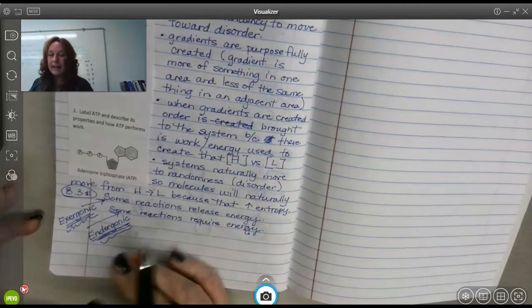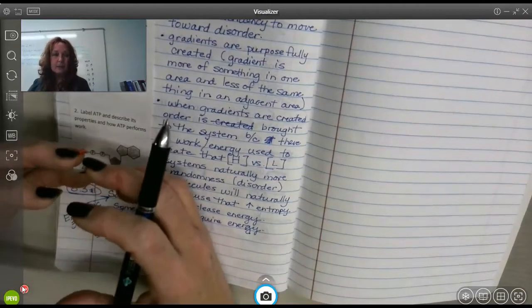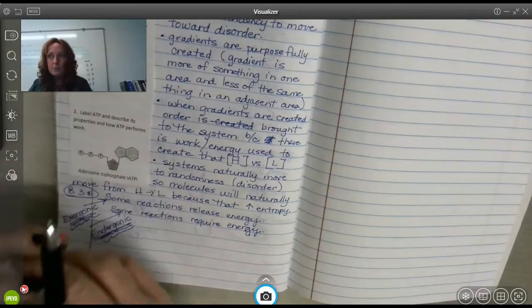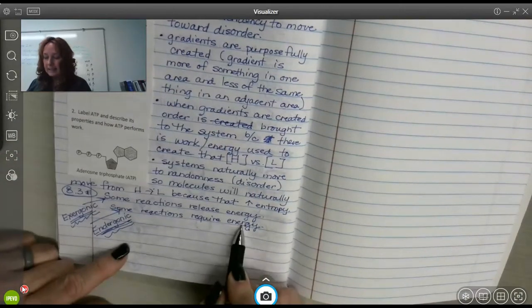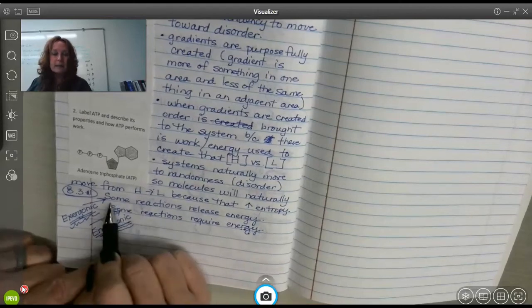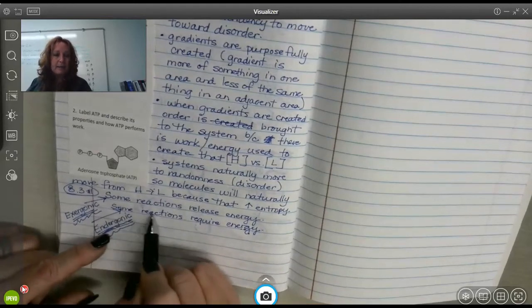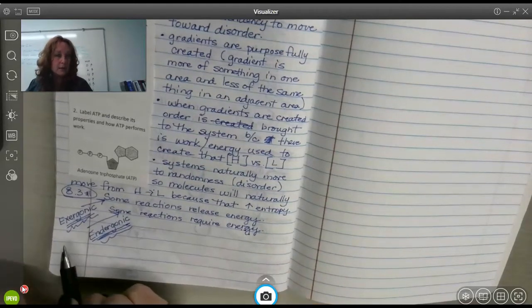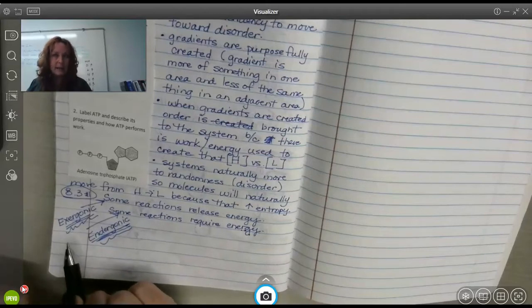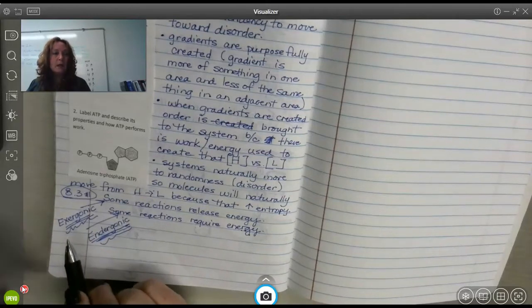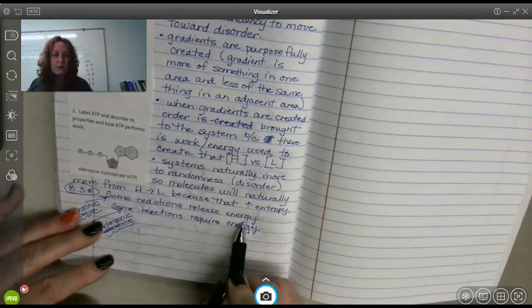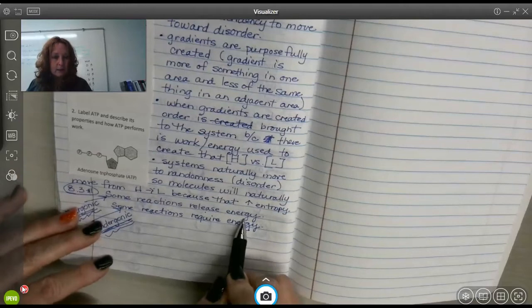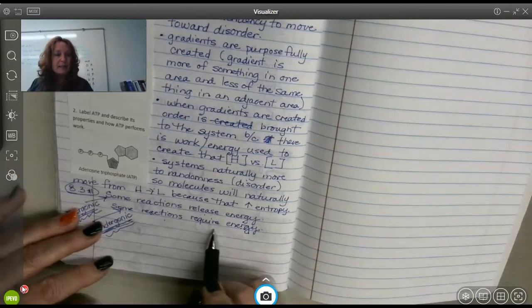How was I able to spend the money when I needed it, when I wasn't always paid at the exact moment that I needed to use it? Well, I had a bank account, right? That was the coupling for me. So what's a way to conserve this energy so that I can spend it later?